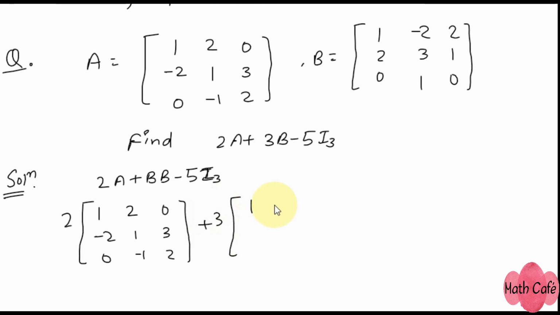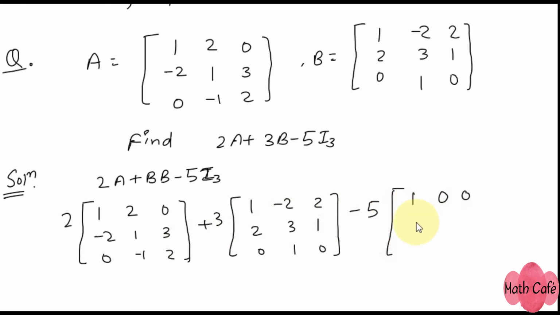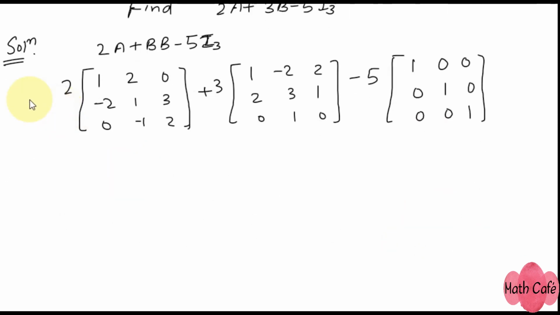Alright, plus 3 times matrix B, that is 1 minus 2 2, 2 3 1, 0 1 0. You see here, actually the order of both the matrices is the same. Alright, and we are subtracting 5 times I3. I3 is the identity matrix of order 3, that is 1 0 0, 0 1 0 and 0 0 1.